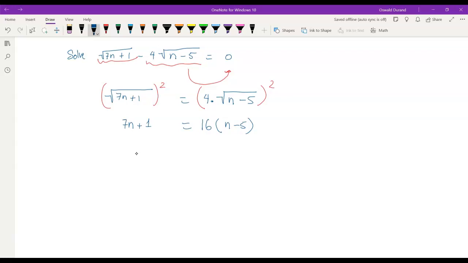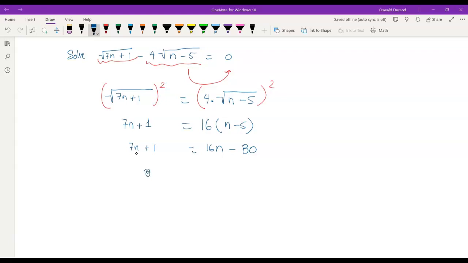We're just going to solve it just like a linear equation. So we have 7n plus 1 equal to 16 times n, 16n, minus 16 times 5, which is 80. Then we combine like terms. I'm just going to put the constant on the right side.